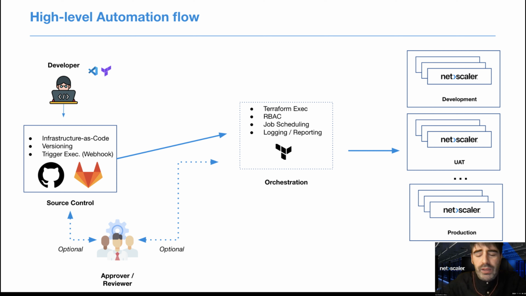So basically, what our customers are trying to do is to create a full end-to-end automation strategy that is going to be applied on all different environments and for each one of the different NetScaler appliances.